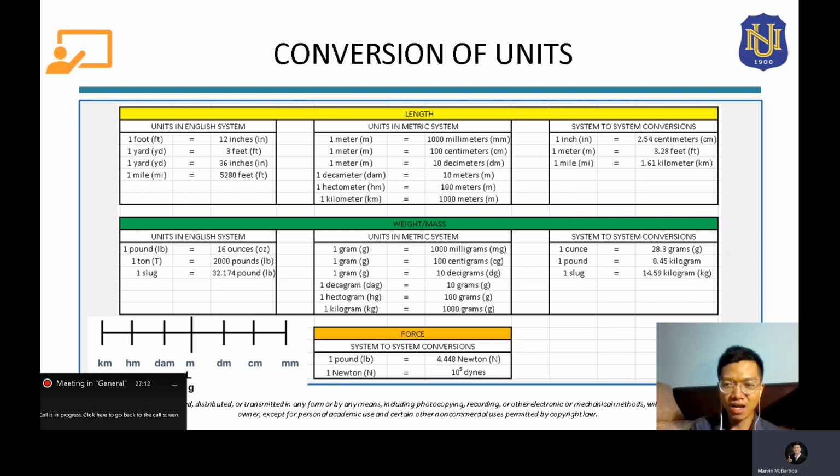What will only change here is the suffix, but the prefixes kilo, hecto, deca, deci, centi, milli will be the same. So we can also use kilogram, hectogram, decagram, and also for liter, it can be applied.